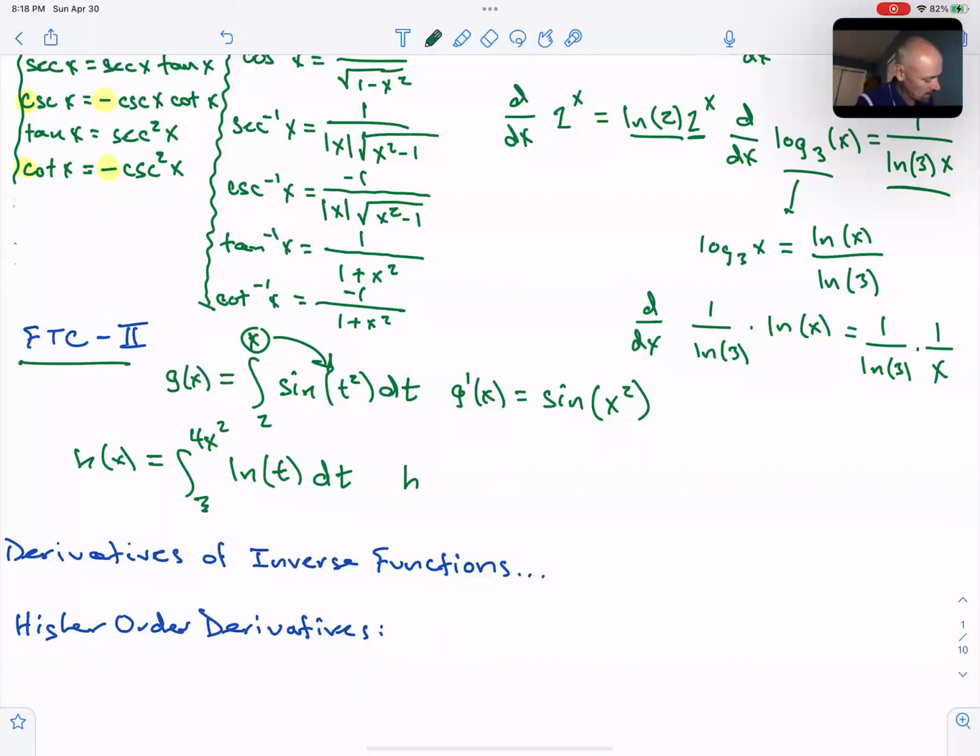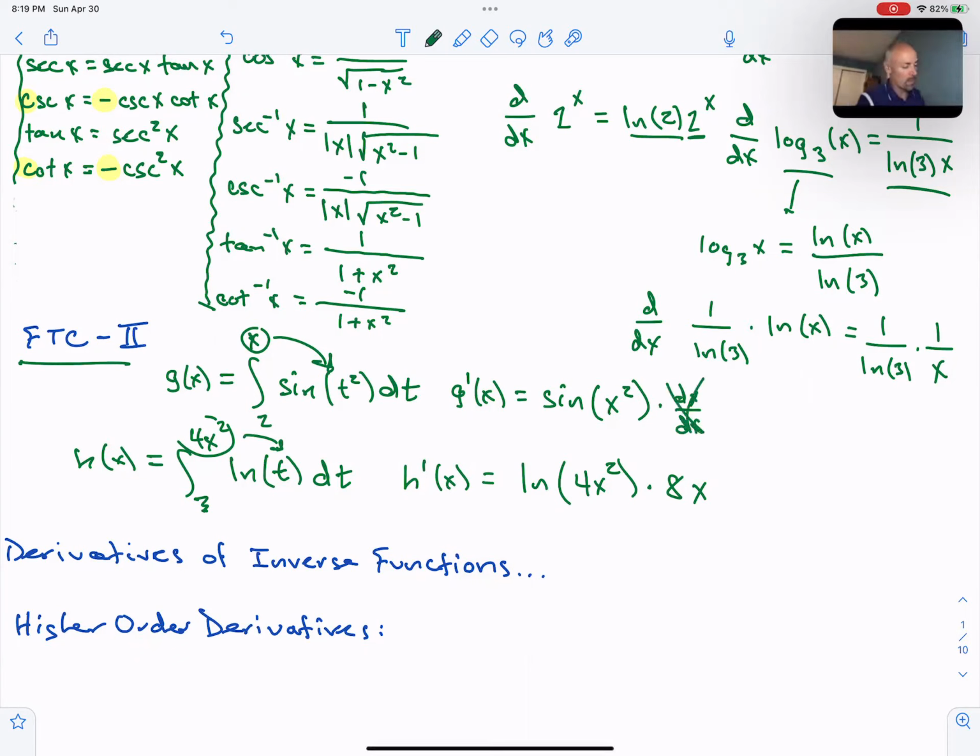And again, FTC part 2 comes into play when we're asked to find the derivative of this. So d/dx of both sides, we get h prime of x is equal to, now here it's a two-step process. We're going to take, again, the 4x squared, and go in place of the t. So we're going to have the natural log of 4x squared, but then we need to multiply by the derivative of that 4x squared, which is going to be 8x. So we have to remember chain rule on that. We had kind of a similar situation here, but when we took d/dx of x, we just got dx, which is just 1, so we can ignore that.